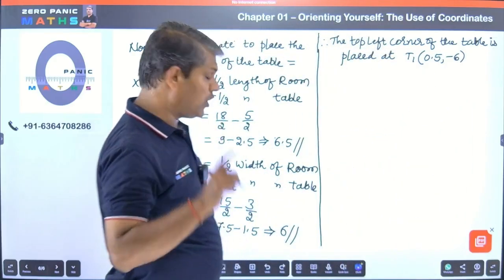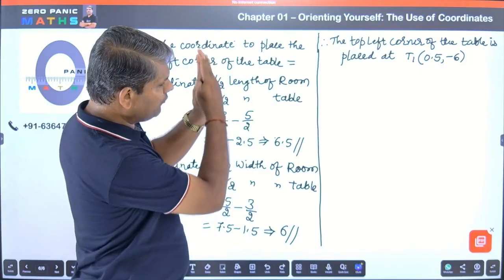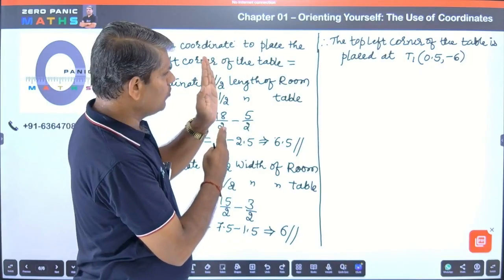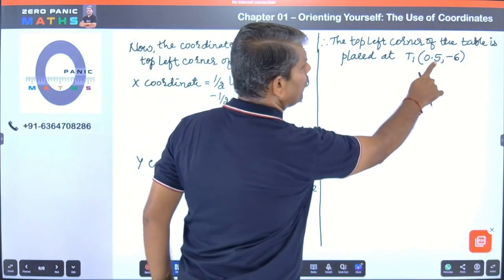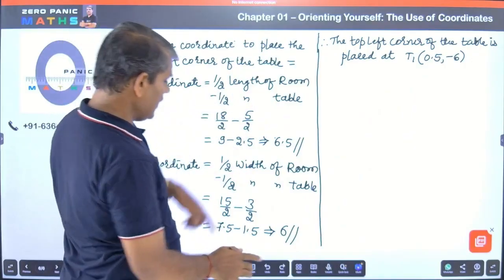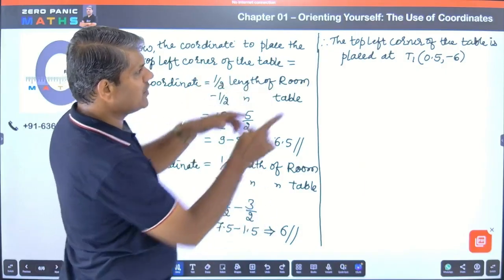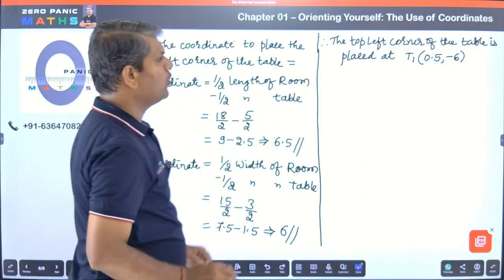Why 0.5? You understood, it is 6.5 from the left wall of the dining room, so that is 0.5. And why minus 6? Because it is 6 feet from the x-axis. I hope you understood this.